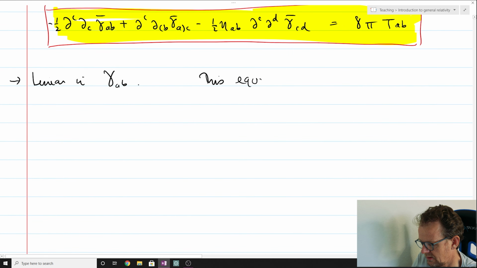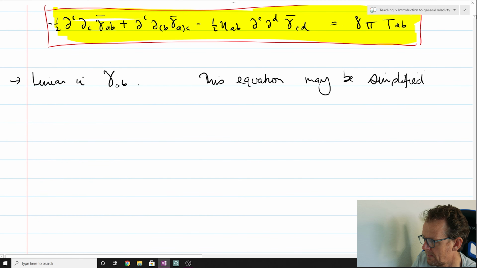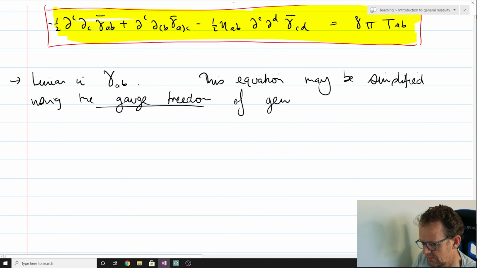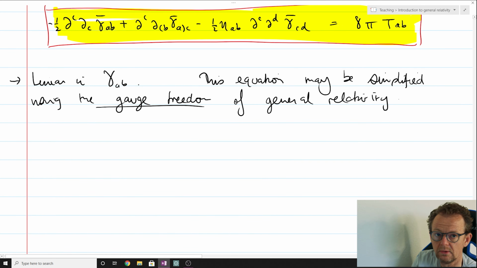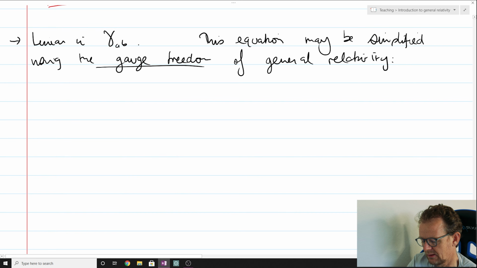So this equation, you can actually simplify it. And the way you simplify it is to use the so-called gauge freedom of general relativity. The formulation that we're describing here of general relativity has a symmetry. And I'm going to explain that symmetry over the coming lectures.